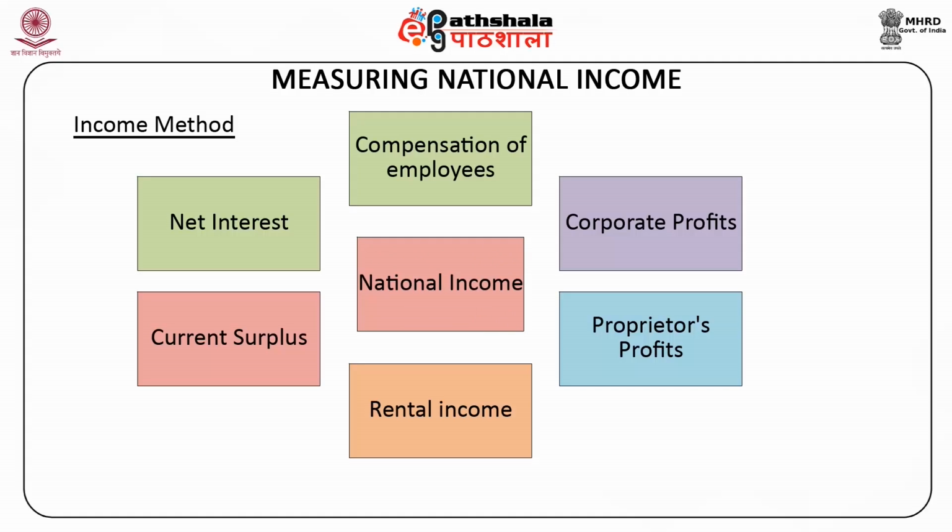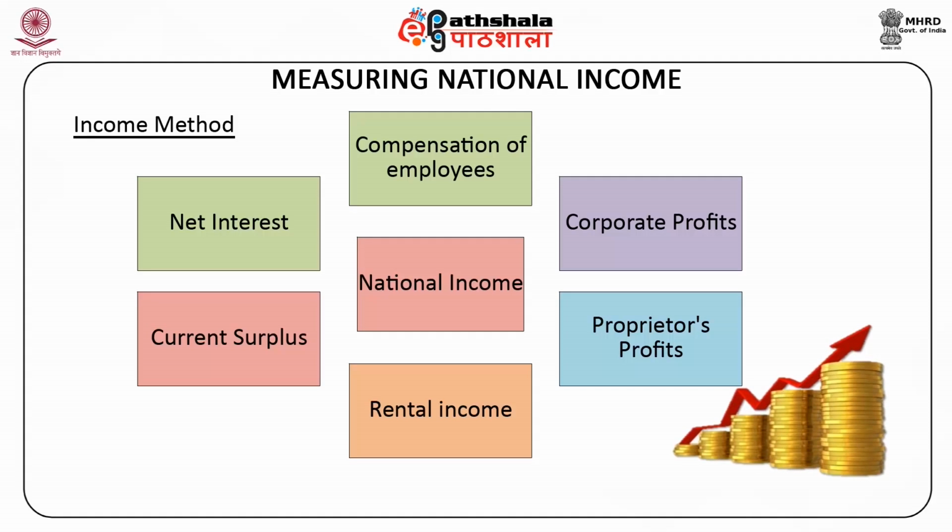Compensation of employees is the income of workers but excludes the self-employed income, consisting of wages, salaries, other employee benefits, and employers' contribution to the pension schemes and other social security schemes. Corporate profits are the residual incomes earned by corporations after making payment of wages, interest, rents, and other costs.